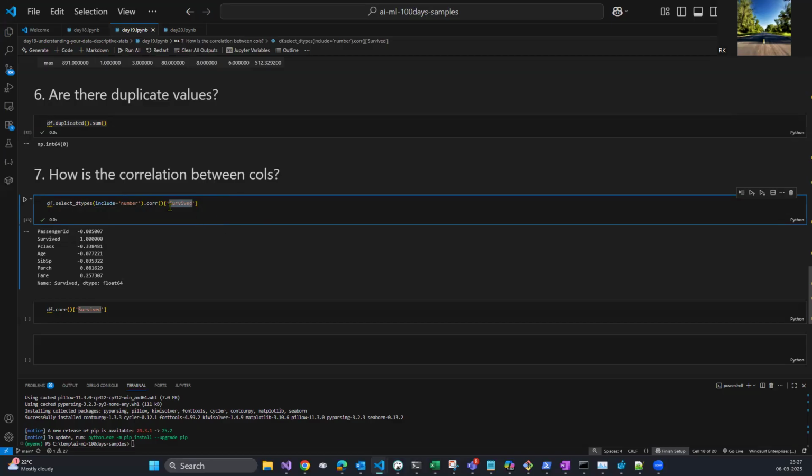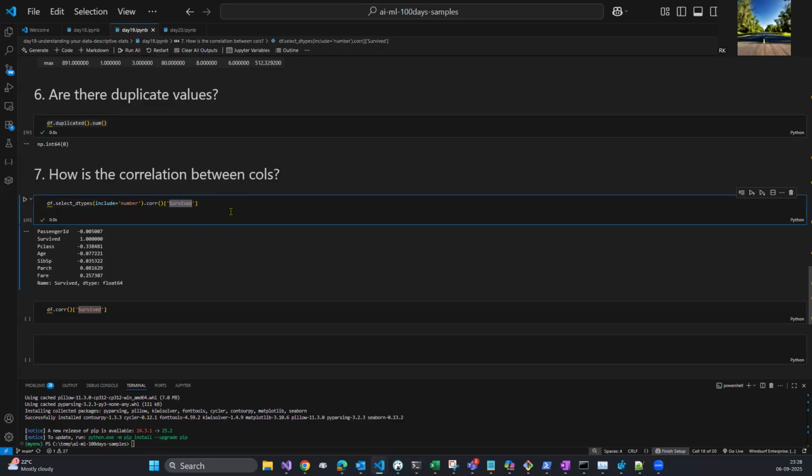This correlation will range from -1 to 1. A value of -1 indicates a negative side, meaning that particular column has a contrary relationship against Survived.